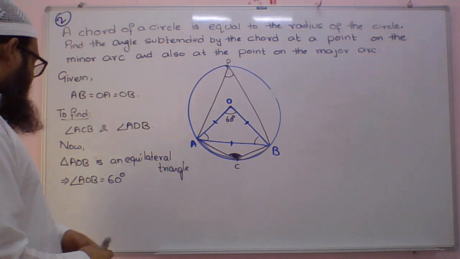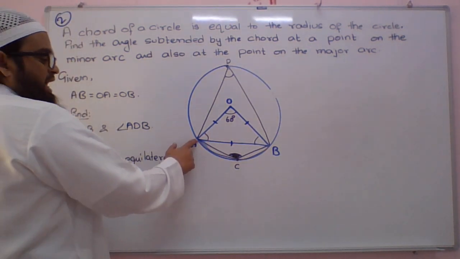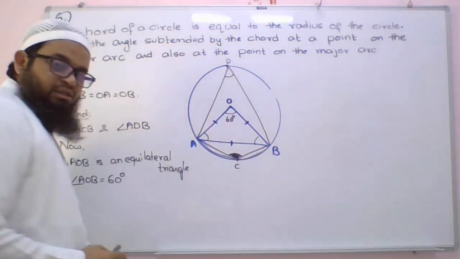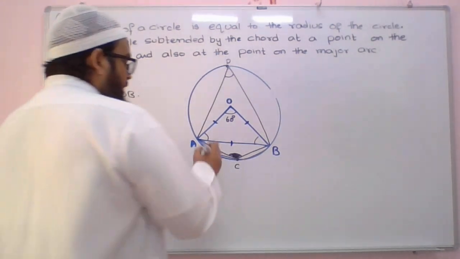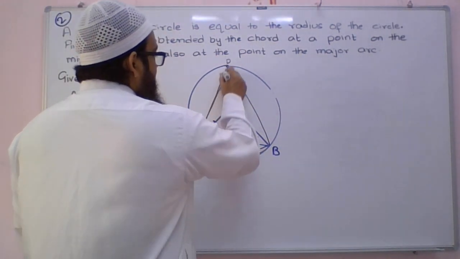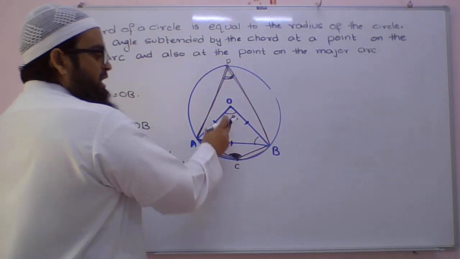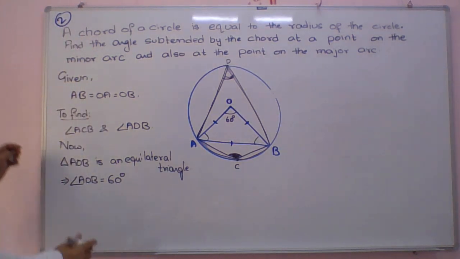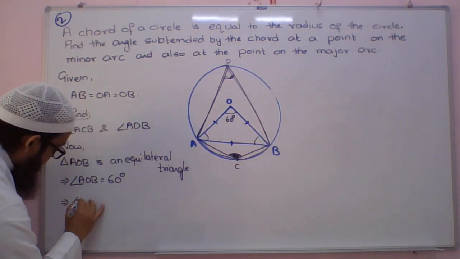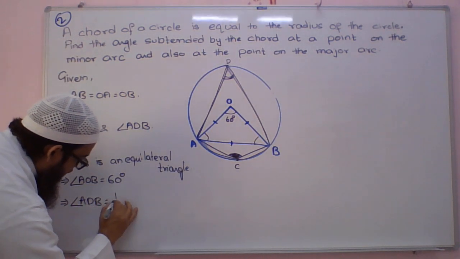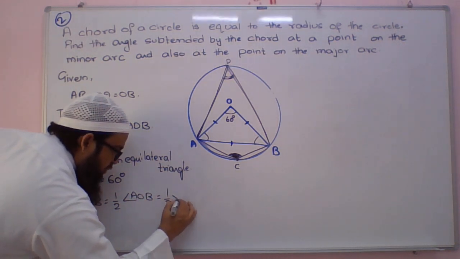So angle AOB is equal to 60 degrees. What is angle AOB? It is the angle subtended by the chord AB at the center. So it is 60 degrees. Now what is the angle subtended by this chord at any other point on the remaining part of the circle? It will be half of that, right? So angle ADB is equal to half of angle AOB, which is half of 60 degrees.